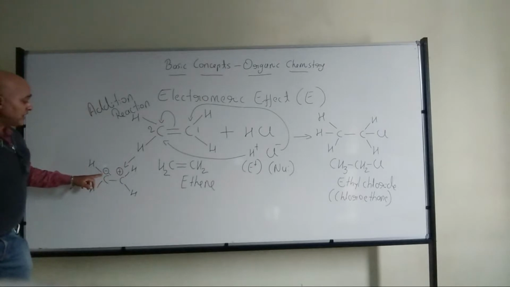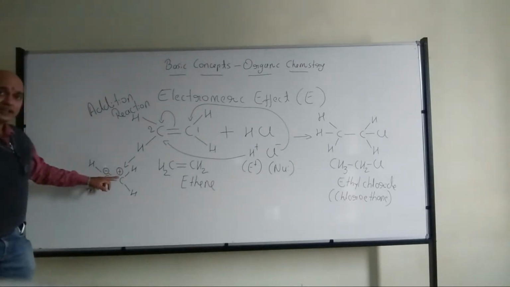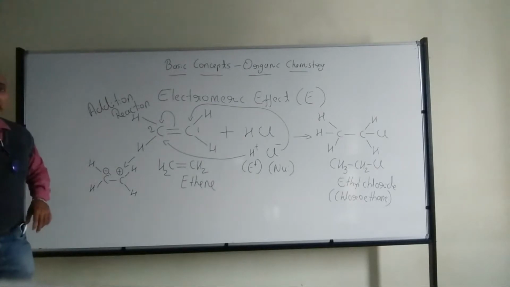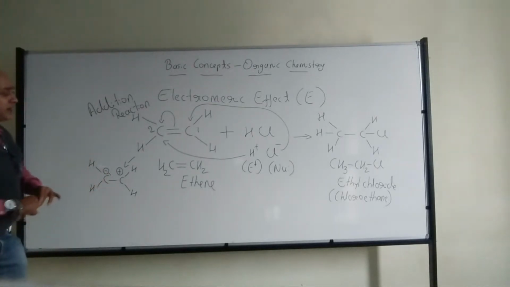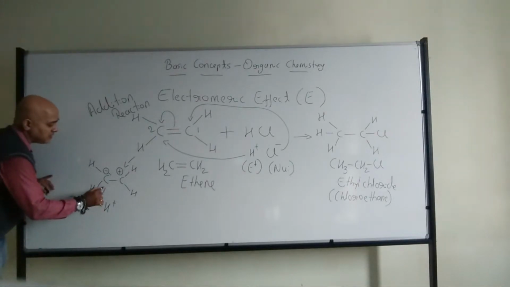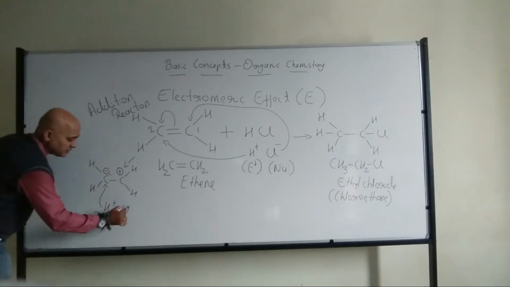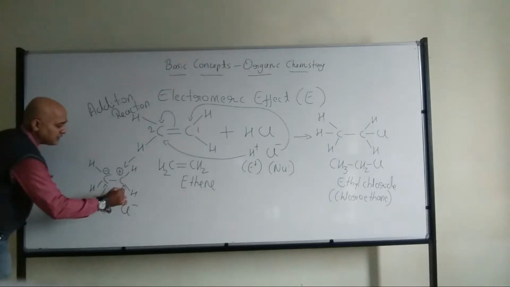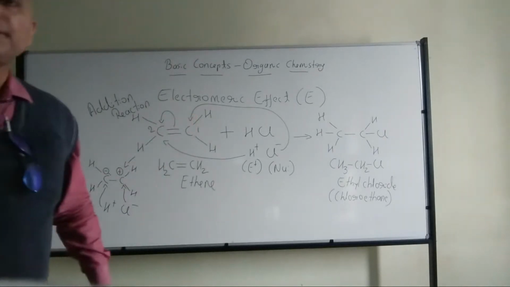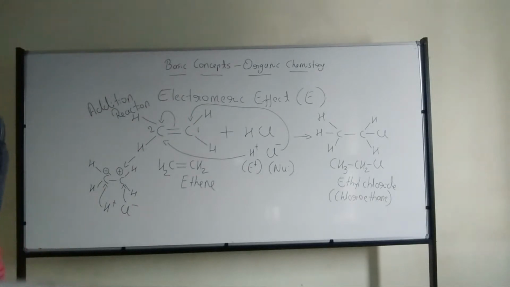So both carbanion and carbocation will be formed during the process, and they will be immediately attacked. Naturally, electrophile will go to the electron rich region, nucleophile will go to the electron deficient region. So that's what is happening.